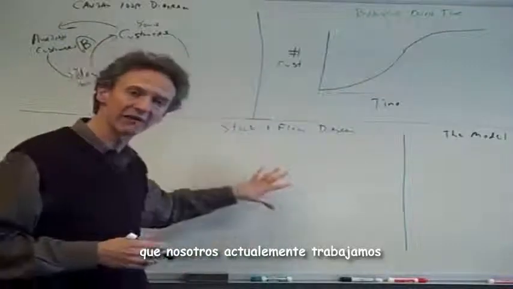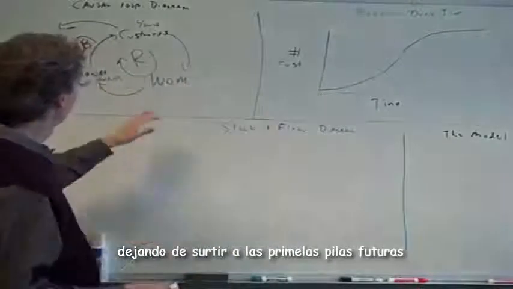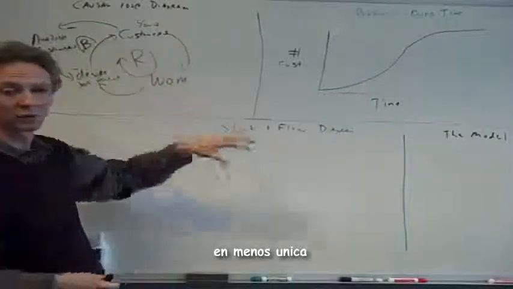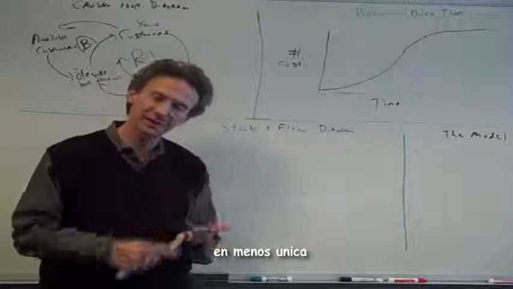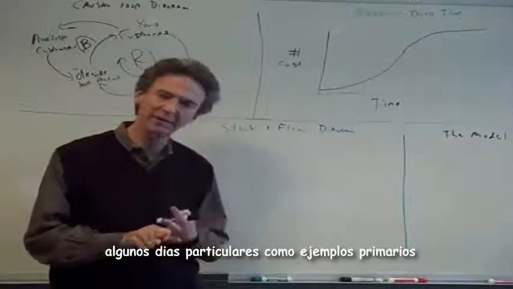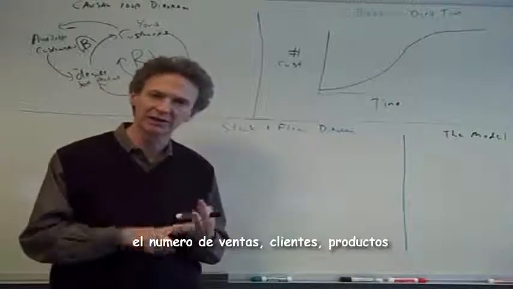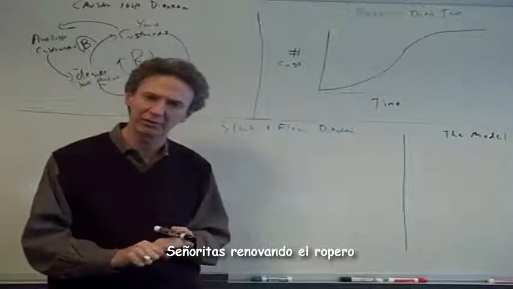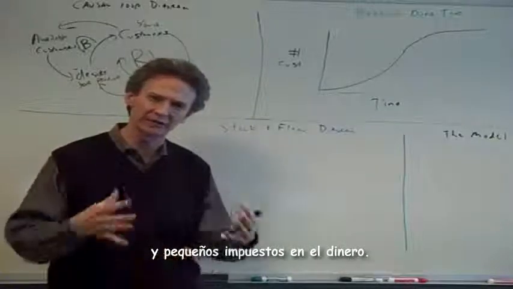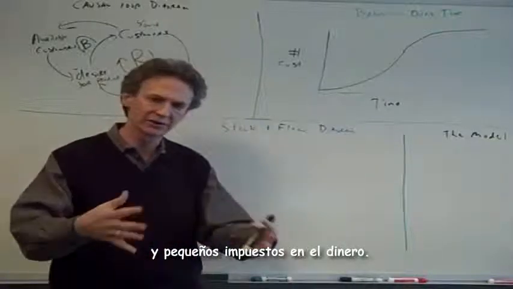So let's do the stock and flow diagram next. So the first thing is to choose your stock. Every loop is going to have at least one stock. It's something you can count on a particular day. So popular examples in business are number of customers, number of products, number of employees, revenue, dollars in the bank, number of defects, those sorts of things.